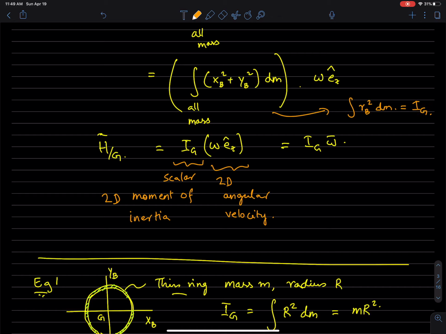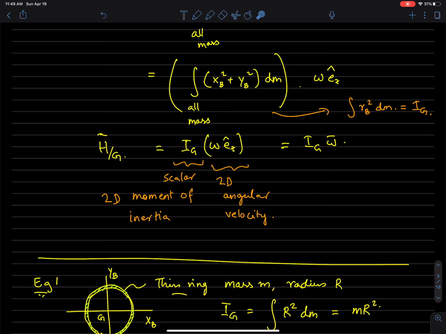So it's integrating mass times how far the mass is from the point G, squared, over all the mass. Basically summing m r squared. That's basically Ig in 2D.